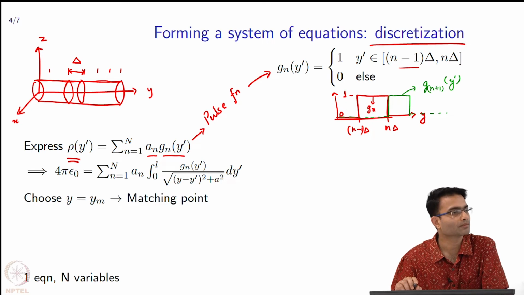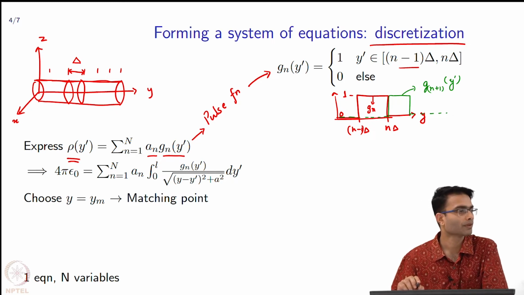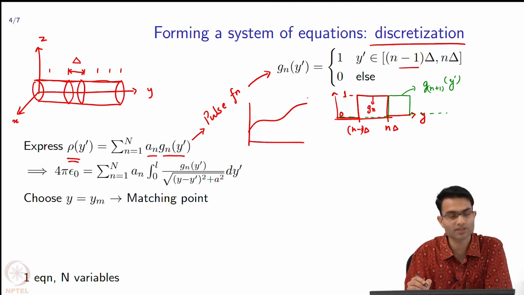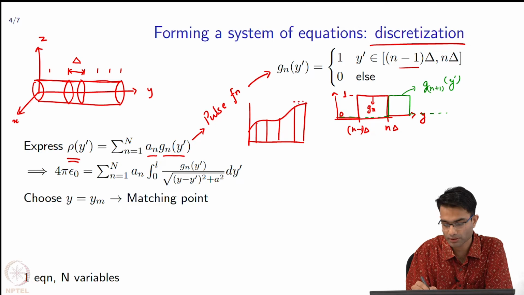So, the idea is clear what we are trying to do. We are trying to approximate this function in terms of pulses. If this is the actual function, I am trying to make a piecewise constant approximation of this function, right. I am going to say this is how I am going to approximate my function.